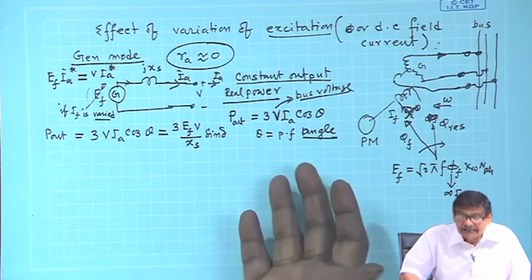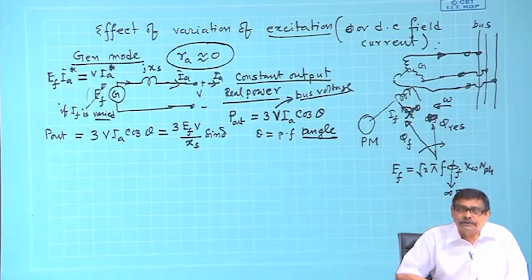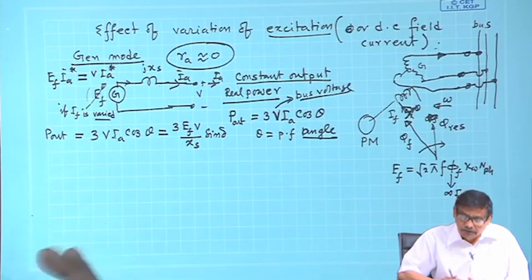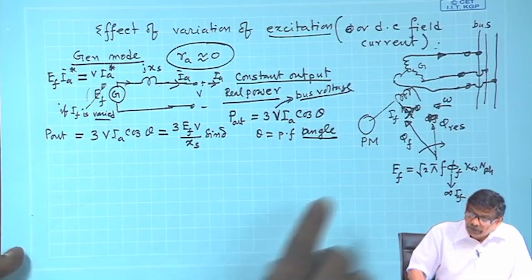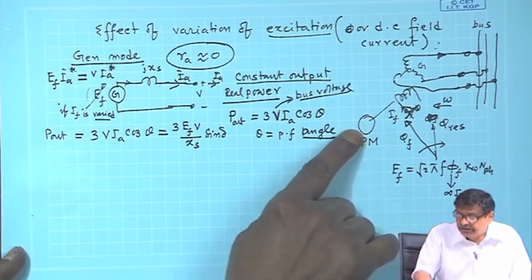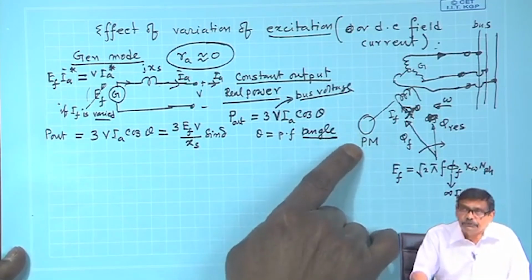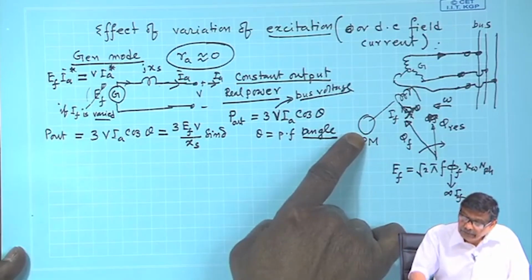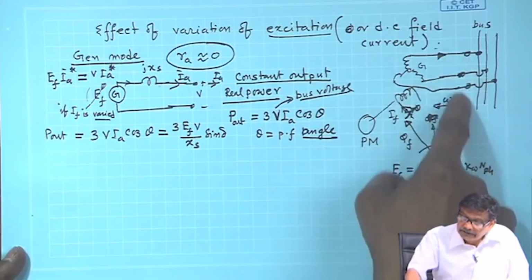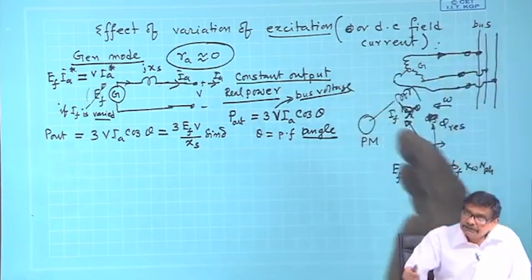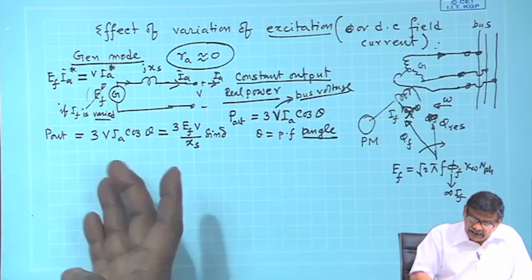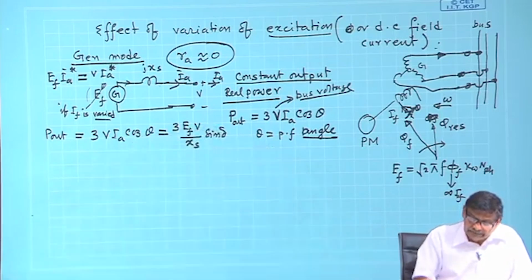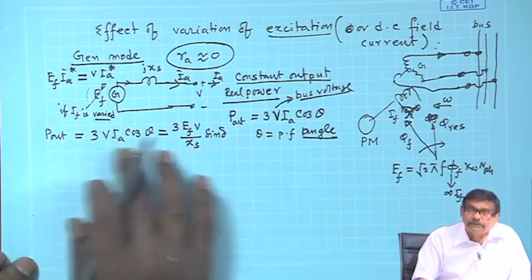So something else then has to change. We are trying to investigate what that is, how things will now look. Therefore, if I am not changing the steam input to this prime mover, the output power delivered in kilowatts will remain the same, and for an excitation present, these two must be the same.